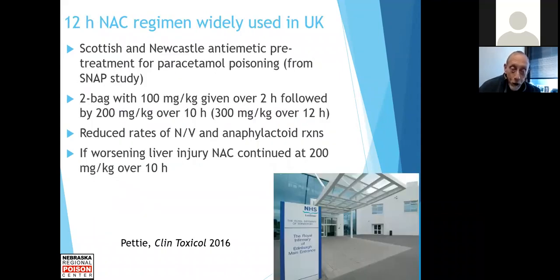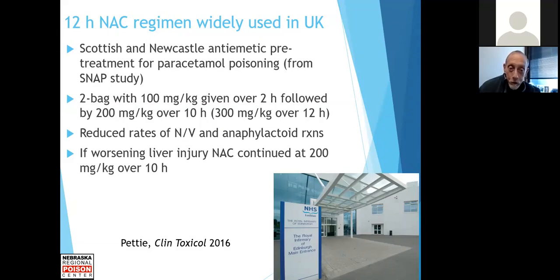Now, there are other regimens. There's a 2-bag regimen in the US that is done at a few places. And in the UK, where the 21-hour protocol was developed, they don't even use it anymore.